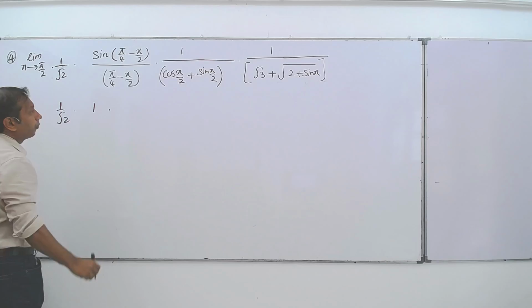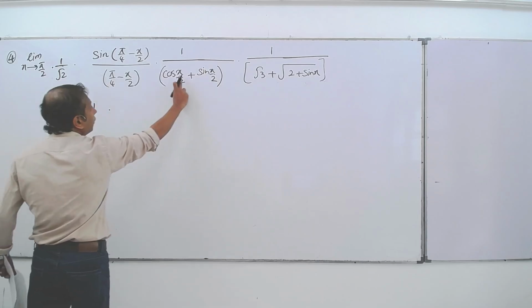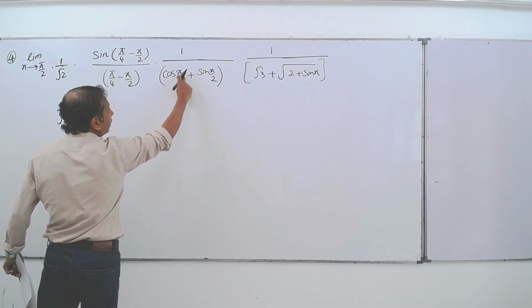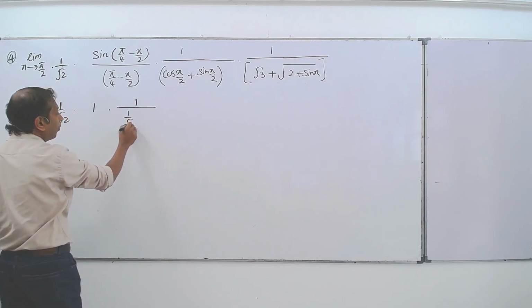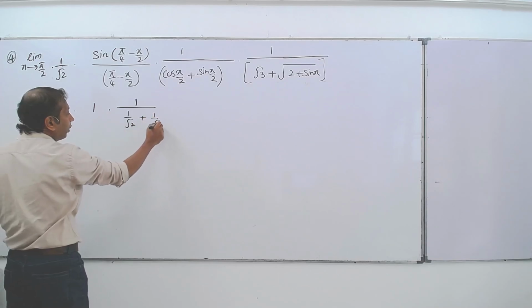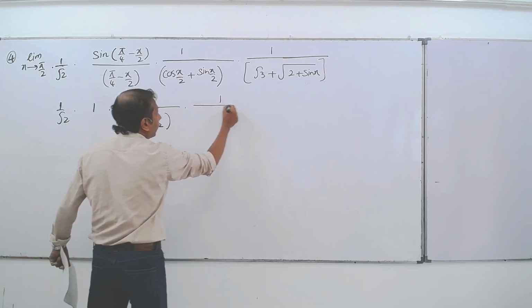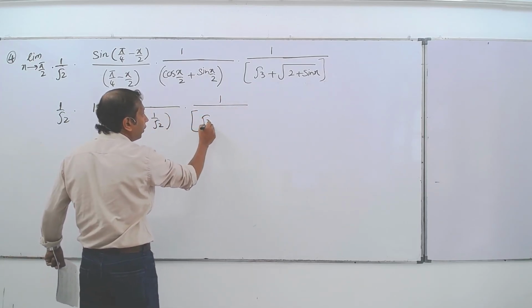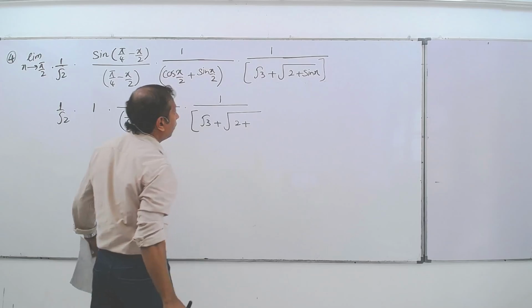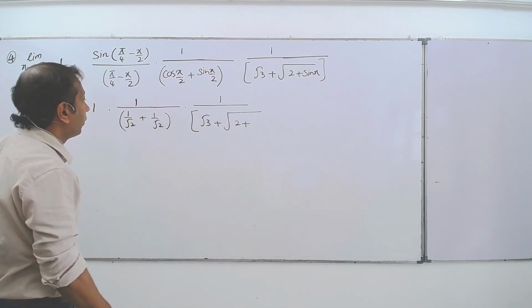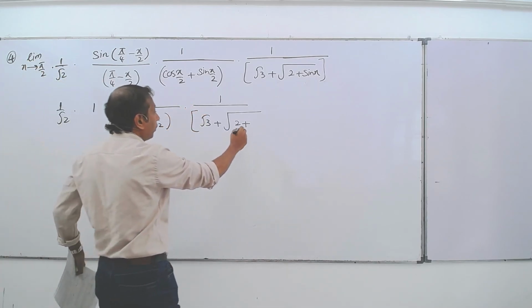This is 1. Now here and here I can put x going to pi by 2, no? Here when I put x as pi by 2, here we get pi by 4, right? Cos pi by 4 is 1 over root 2. Sin pi by 4 also 1 over root 2, right? 1 over root 3 plus, right, sin x, then pi by 2. Sin pi by 2 is 1.